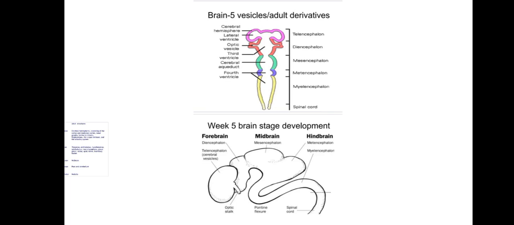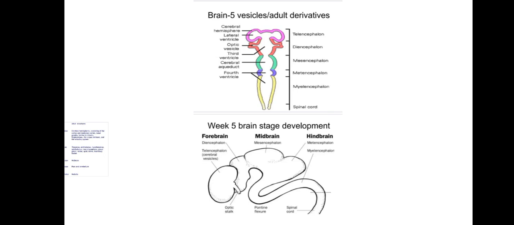The proencephalon at the anterior part of the neurotube will give rise to 2 secondary brain vesicles. Remember that the giving rise of those 5 secondary brain vesicles happens at week 5 of embryonic development. The first one, the proencephalon, will give rise to the telencephalon and diencephalon.